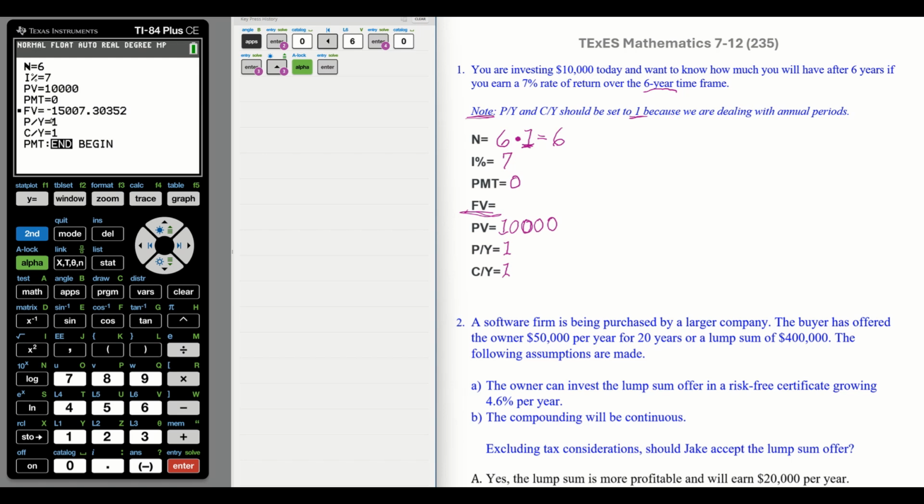When you push enter, you do get the correct value, but notice that it has a negative in front of it. You need to remember that one of these, future value or present value, when this calculator is popping things out, where you're putting things in, one of them must have a negative in front of it for your calculations to work.